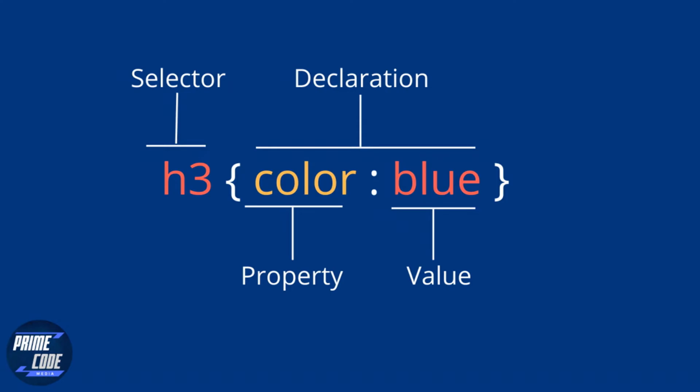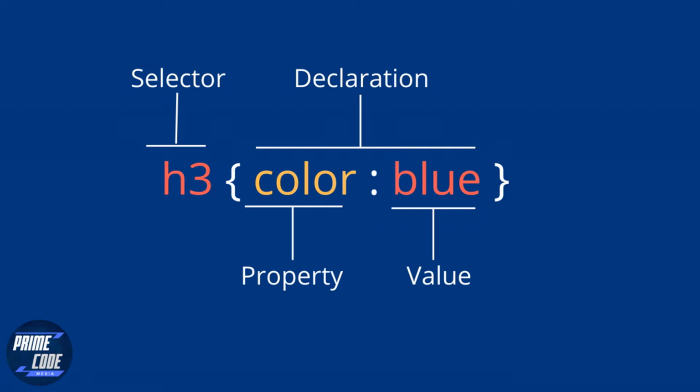CSS syntax is made up of a rule which consists of a selector and a declaration block. The selector refers to an HTML element that you want to style, and this HTML element could be anything. It could be a level heading, for example, an H1. It can be a paragraph, any HTML element that you are targeting for styling.